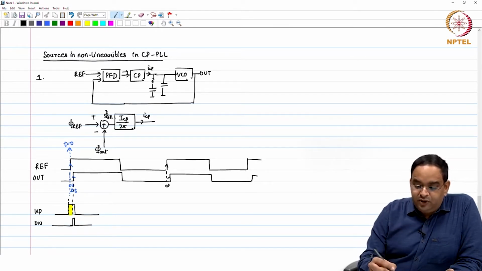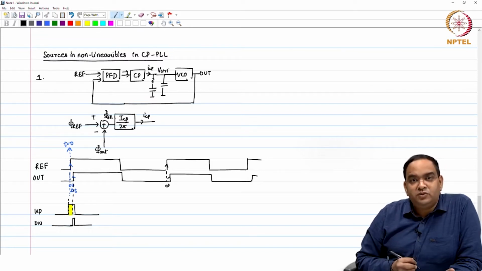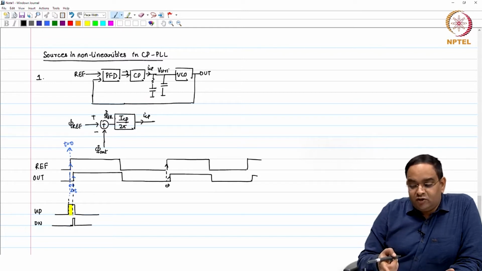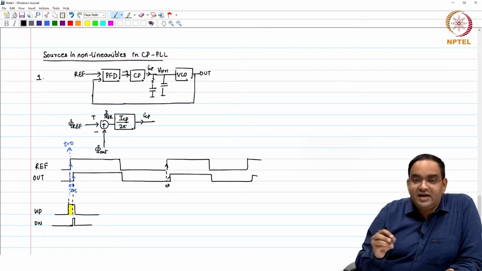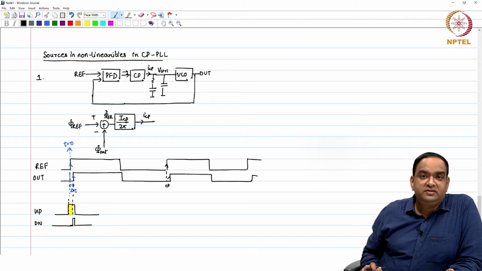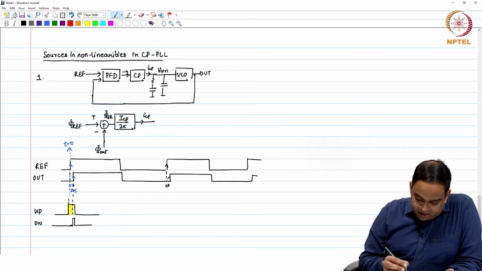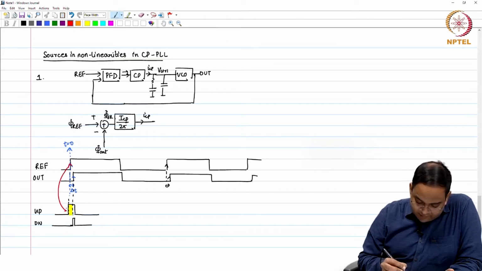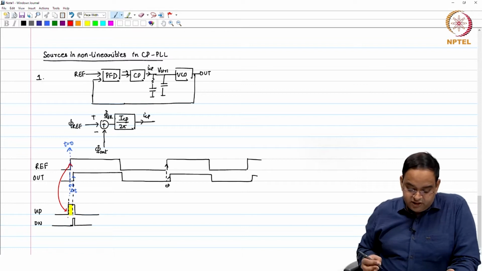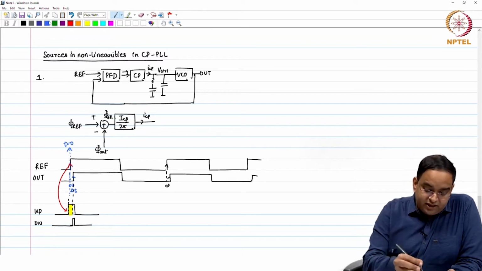Because you get non-zero ICP at the output, you go and change the control voltage of the VCO, which is going to change the rising edge on the output pulse. So, a rising edge on reference triggers an up pulse, which gives you the current.